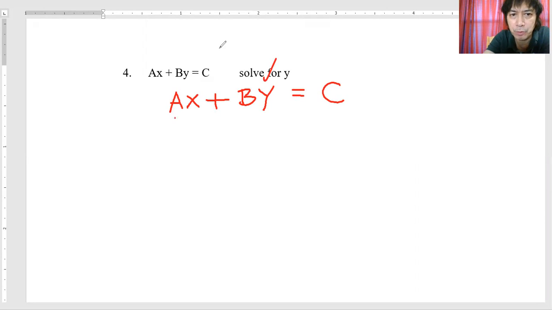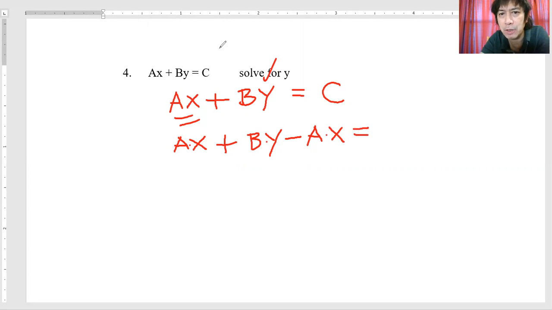So we will have to move the a and x first by way of subtraction. So you have ax plus by. We will subtract a times x. Remember, this is a times x, b times y, a times x, and we just subtracted ax from the left.